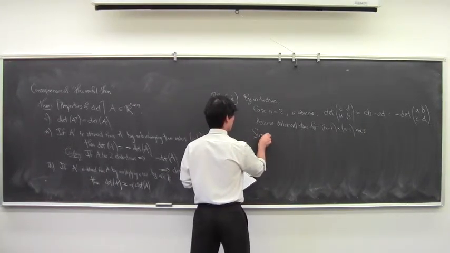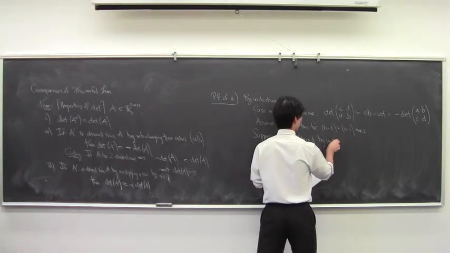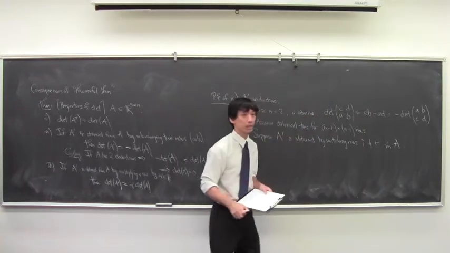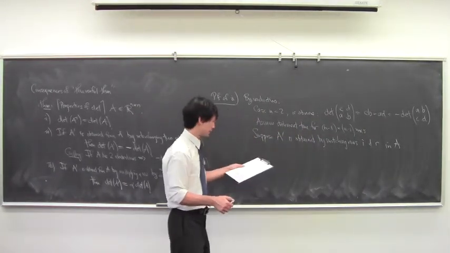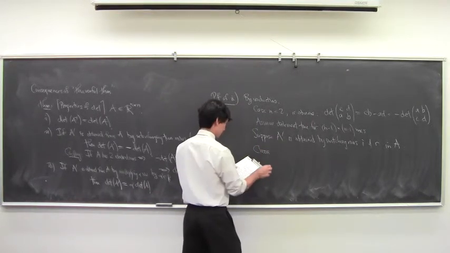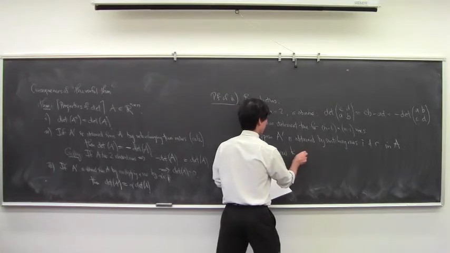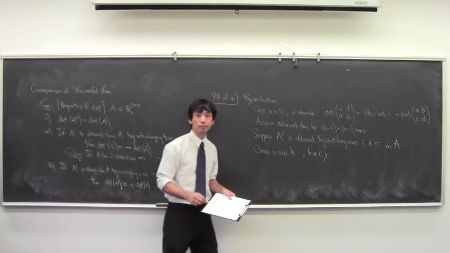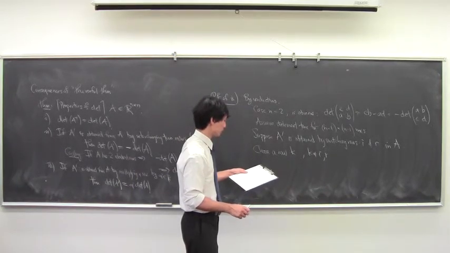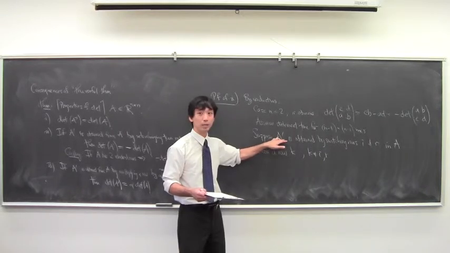Now, suppose A prime is obtained by switching rows I and R in some matrix A. Now choose a row K where K is not I or R. We're going to take the cofactor expansion of A prime down the kth row.